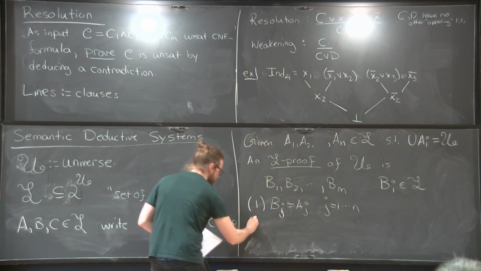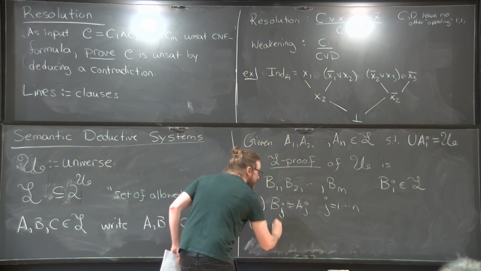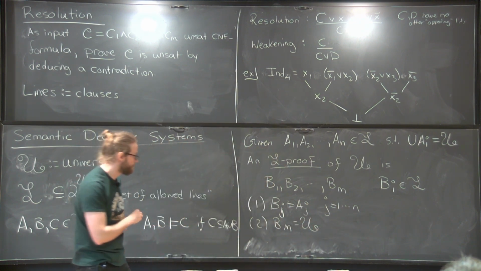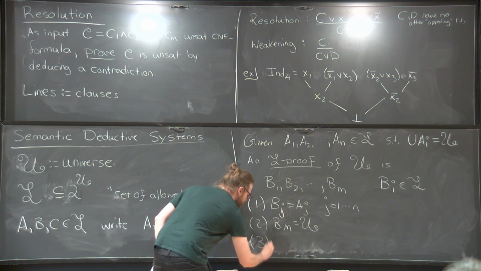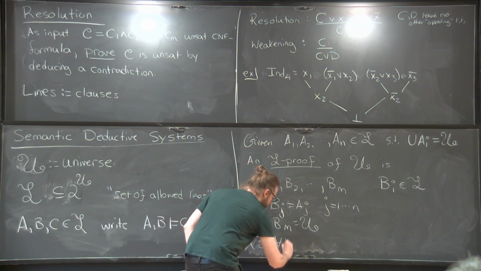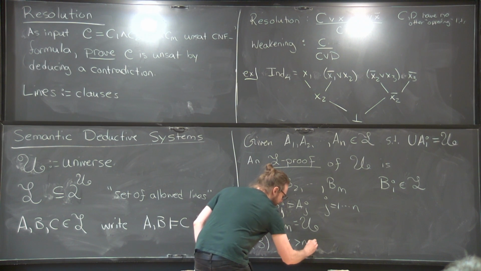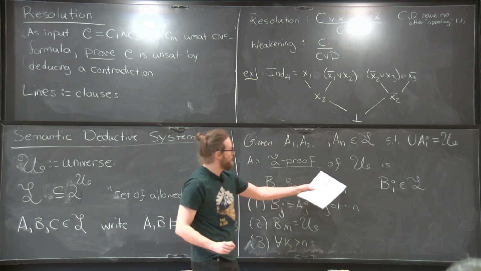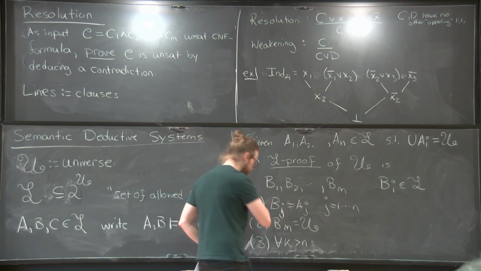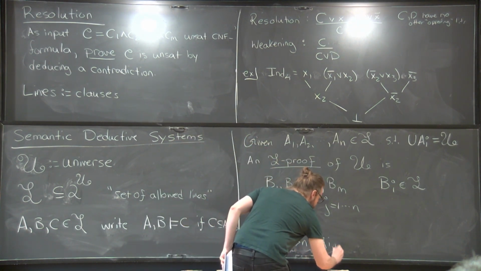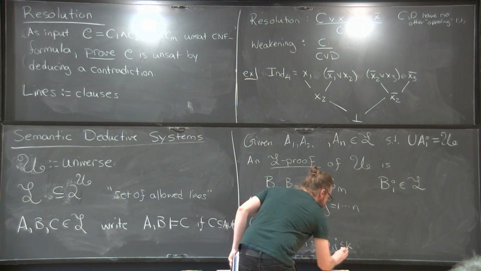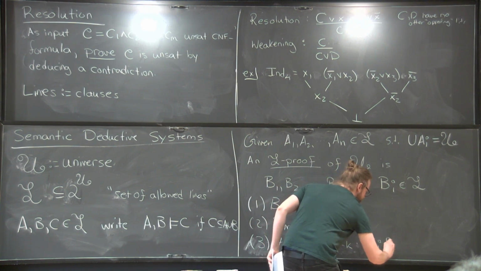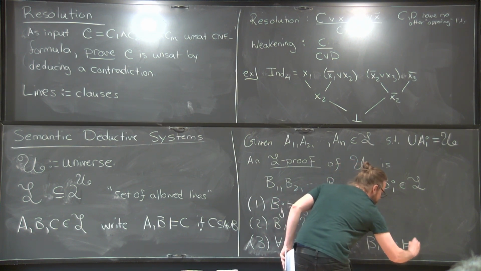The last guy will actually be everything, so we're proving everything. And finally, every line that's not an axiom is going to be a semantic deduction step from earlier lines, such that B sub i and B sub j prove B sub k.